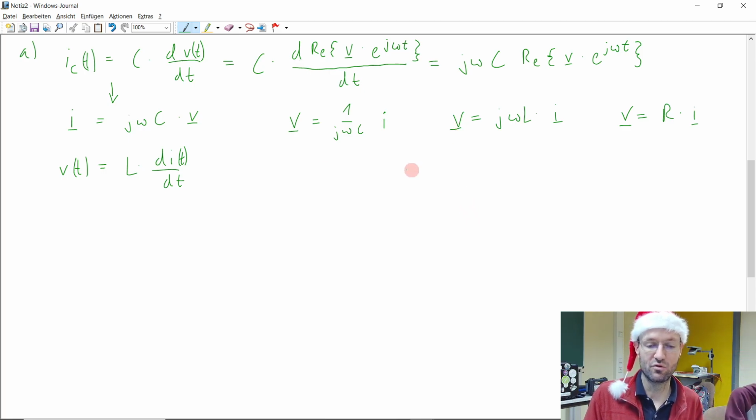Okay, and so now, how do we call this here, or also in the general case, how do we call this? That relates a current to a voltage.